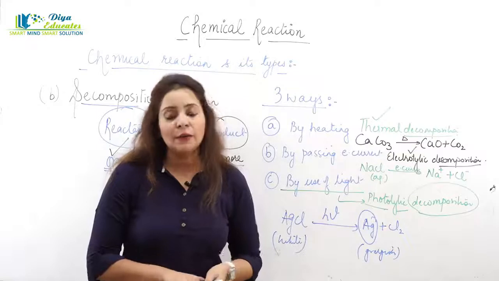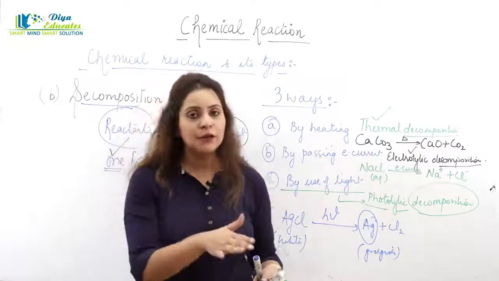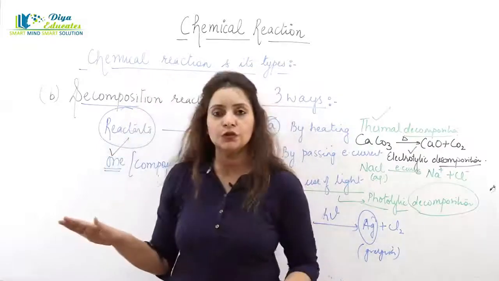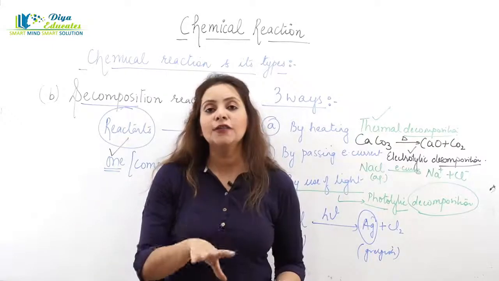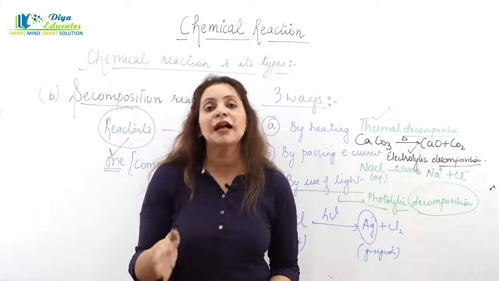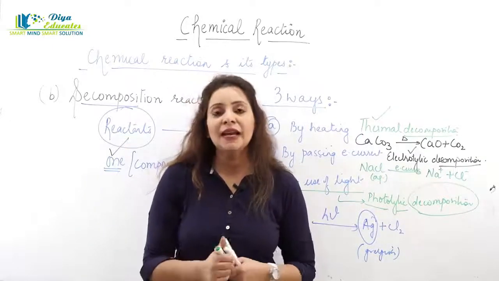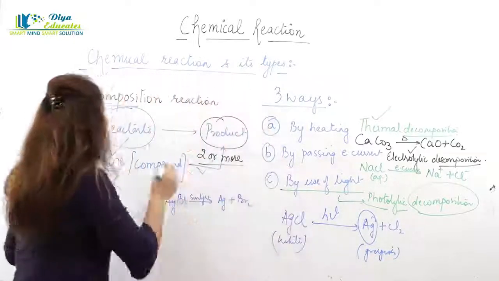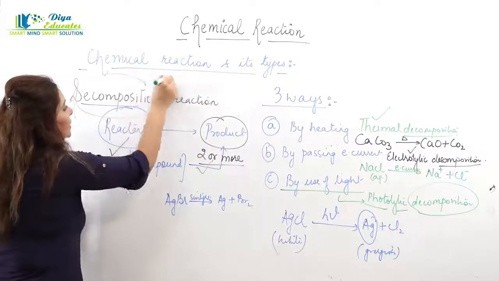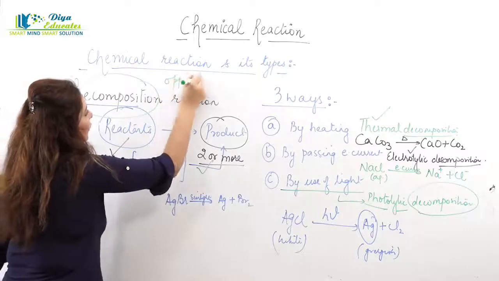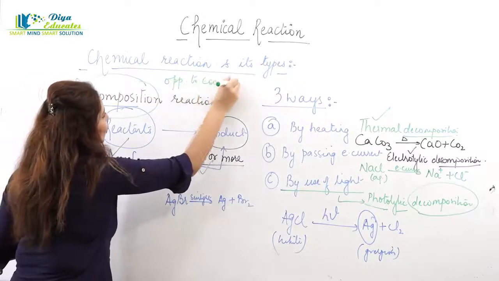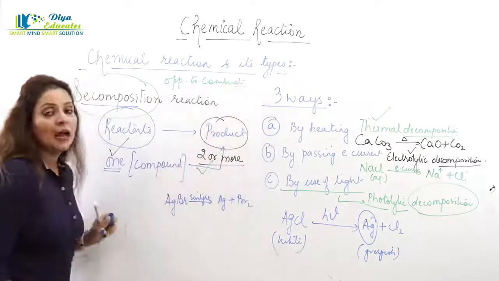And one more thing I would like to tell you: we have studied combination and we have studied decomposition. There is a kind of similarity between them. The similarity is that decomposition is just opposite to combination reaction. How?